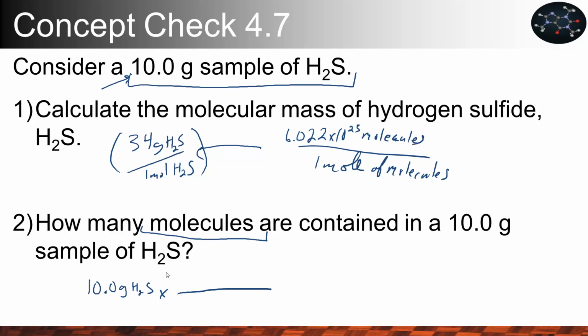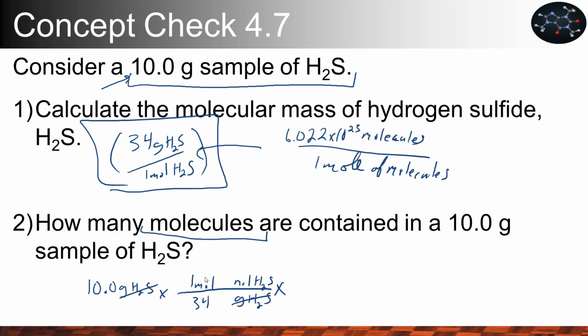So let's just work this out. The grams of hydrogen sulfide gas need to cancel, while moles of hydrogen sulfide gas need to be on top. This conversion factor says 34 grams for every 1 mole. We can multiply this out and get an answer, but we'll just keep going.